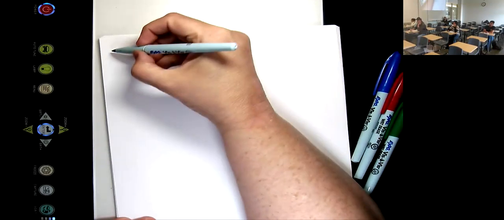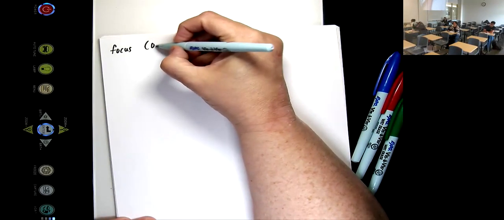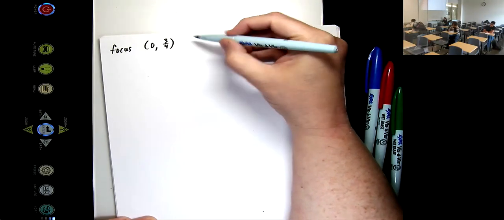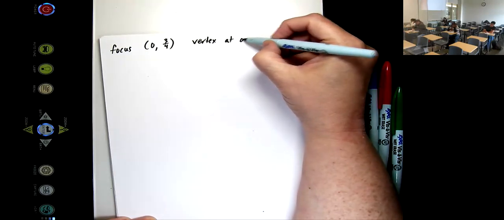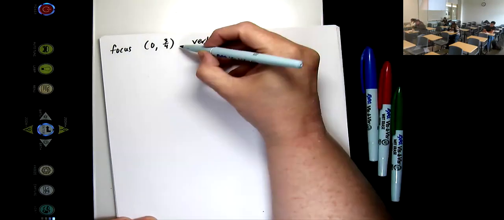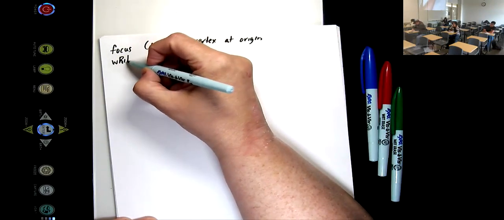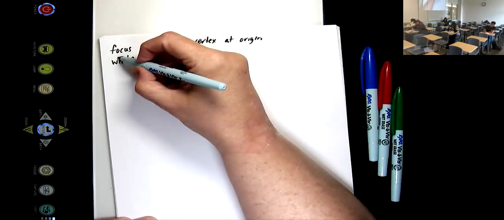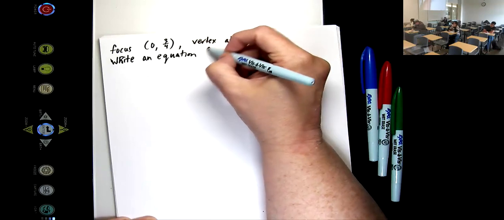Let's say we know the focus is at (0, 3/4) and the vertex is at the origin. Write an equation for this parabola.